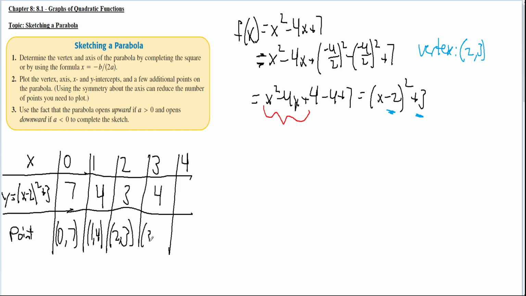So our point is 3, comma, 4. And likewise with 0 and 4, those will also have the same y value because they're symmetric. So when we plug in 4 for x, we have 4 minus 2, which is 2. So 2 squared gives us 4, plus 3 is 7. So we have 4, comma, 7.